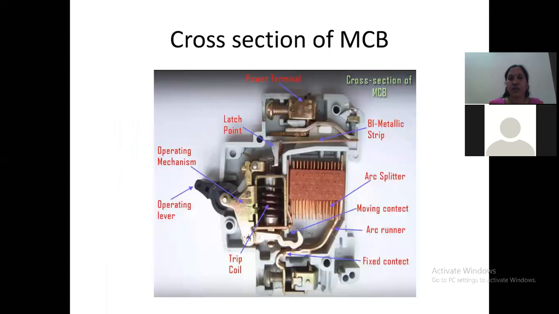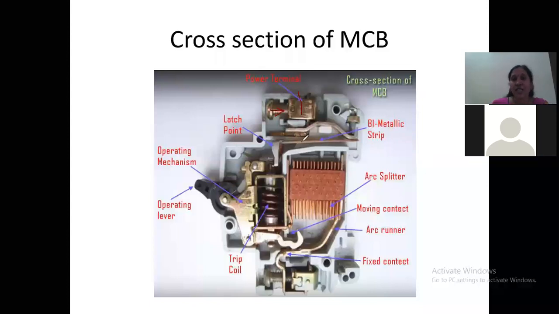Next, this is how the MCB looks. Okay, so we have the power terminal which is to be connected. So this is our power terminal. The power terminal will be inserted into this, and the screw will be tightened like this, so that it holds the power terminal here. Okay, and this is the bimetallic strip. You can see here.